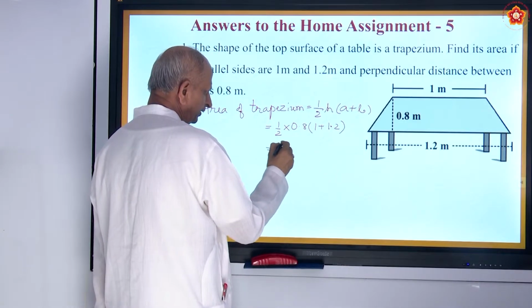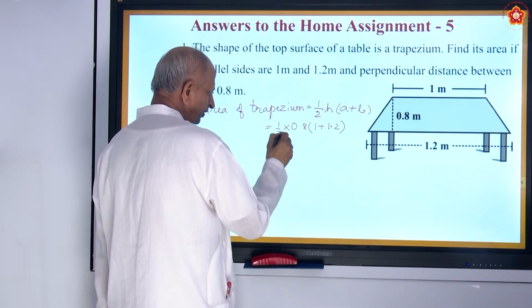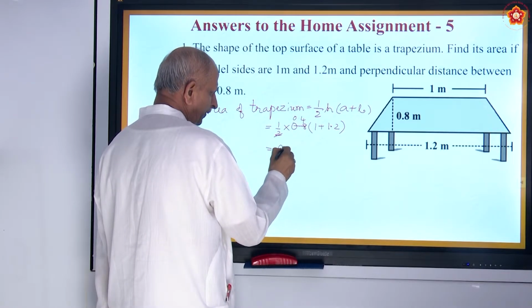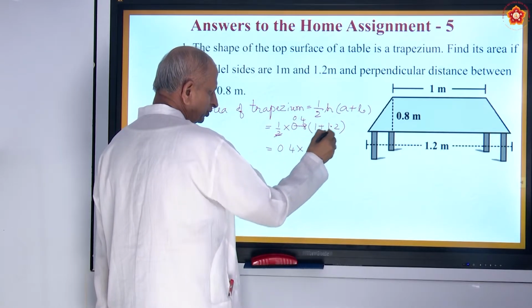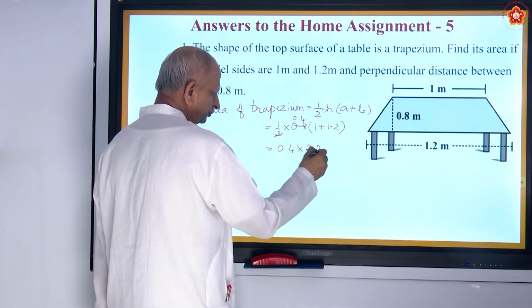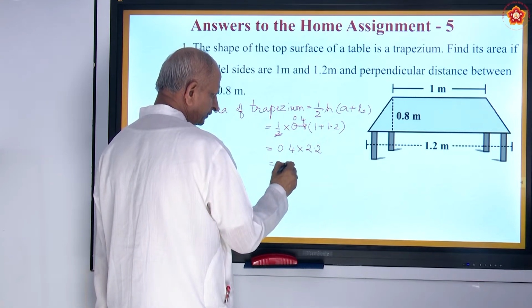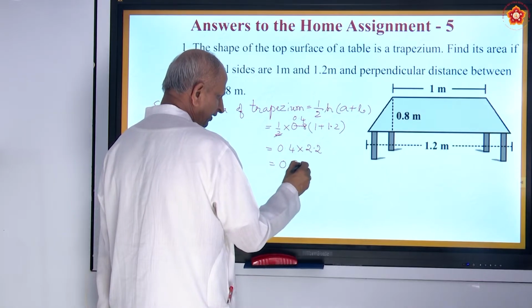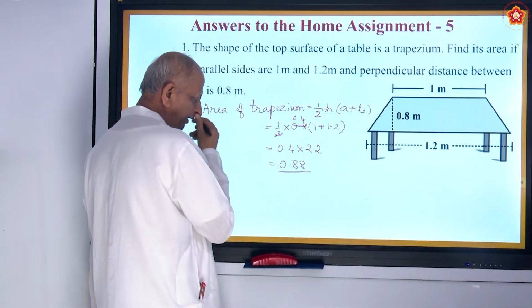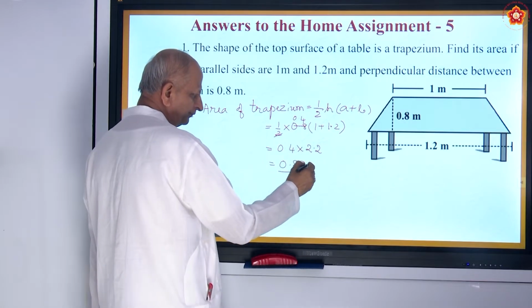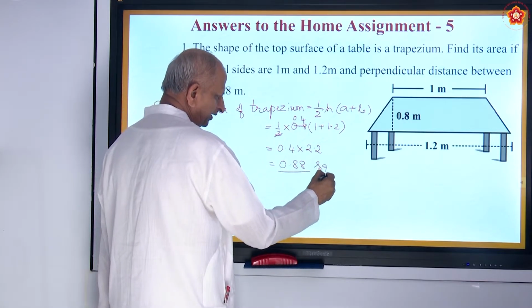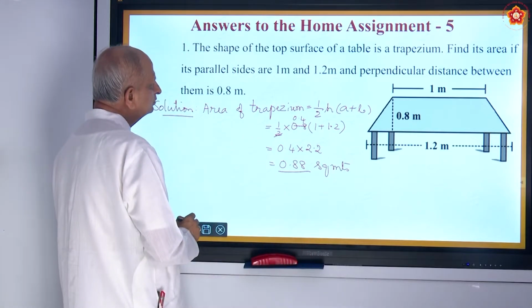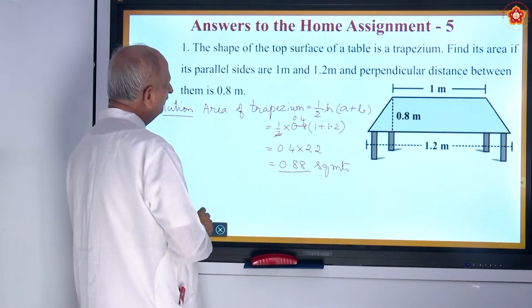So this will be 0.4 into 2.2. That is, if you multiply, you get 88. 22 fours are 88 and 2 places. 0.88 square meters. So, area of the trapezium.